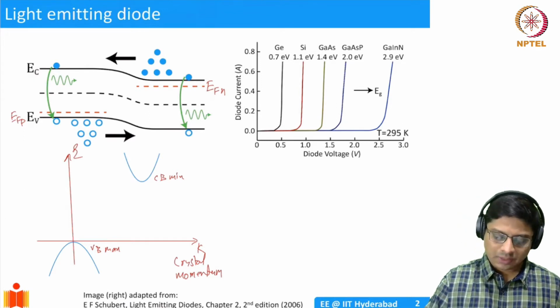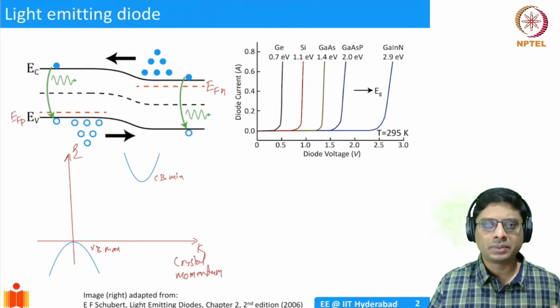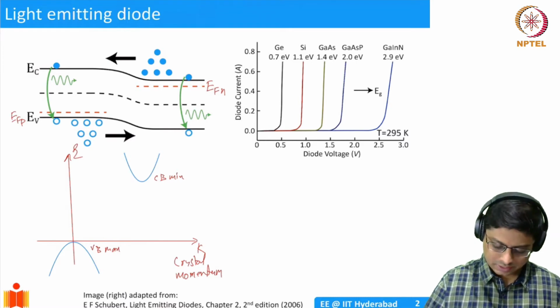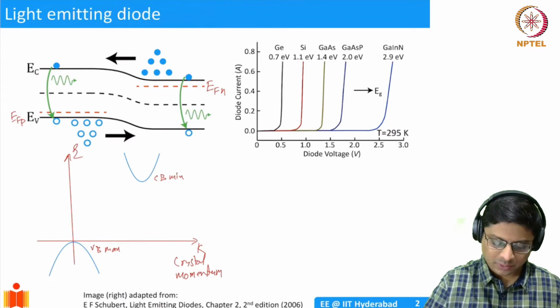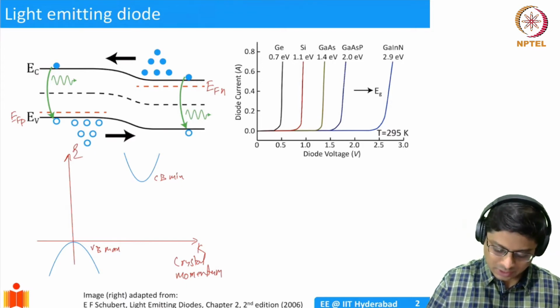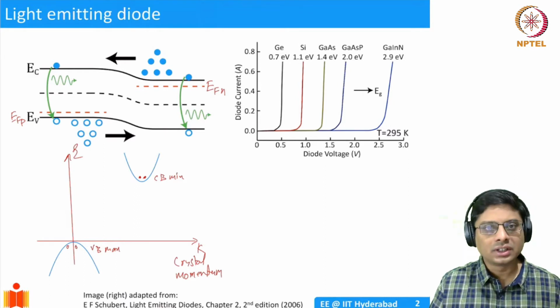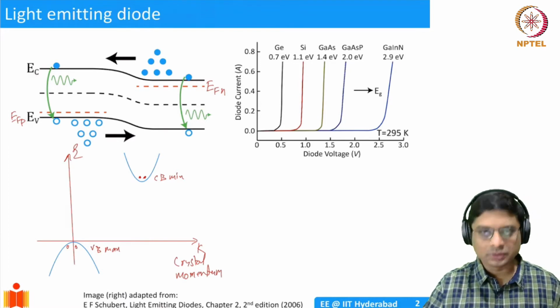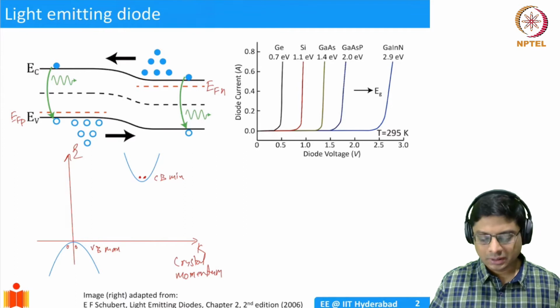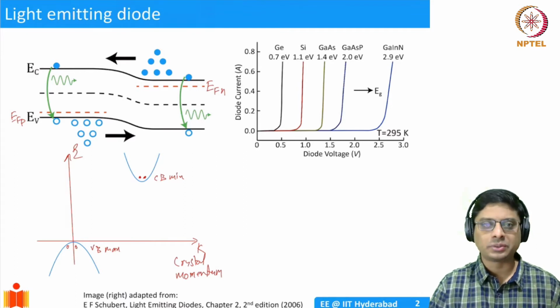So now we have a lot of these electrons. If you take a simple PN junction and you inject electrons and holes by forward biasing, what happens is you will have a lot of electrons here and you will have a lot of holes here, but they cannot recombine because when they emit a photon, the photon's energy could be on the same order of magnitude here, but then the momentum of the photon is very small.